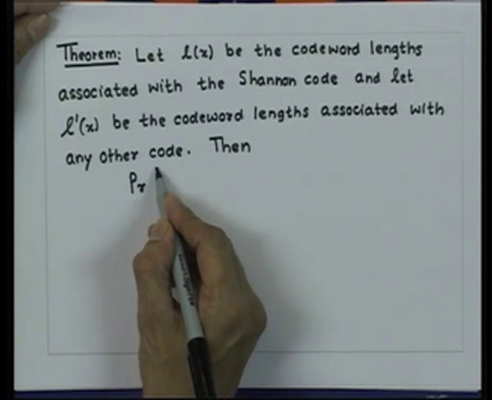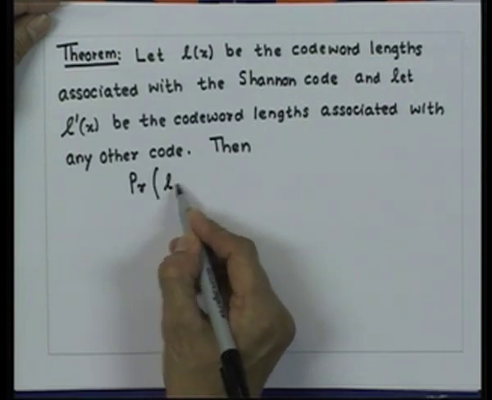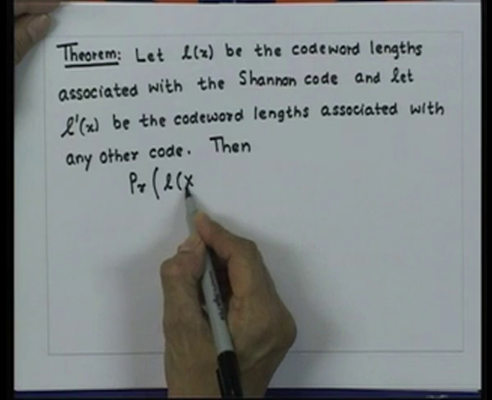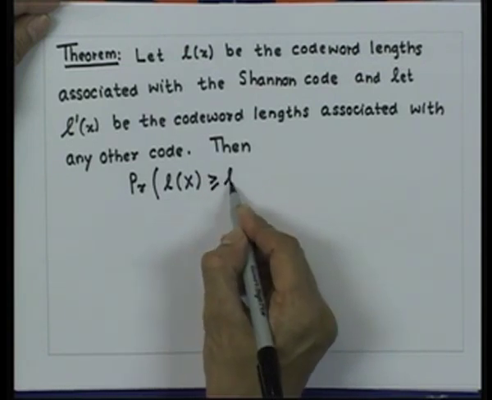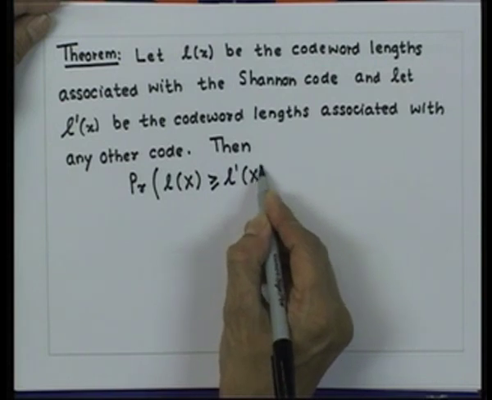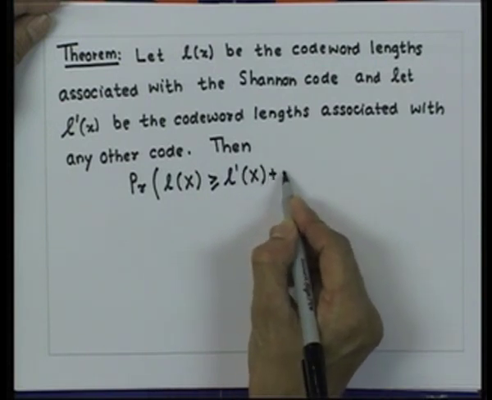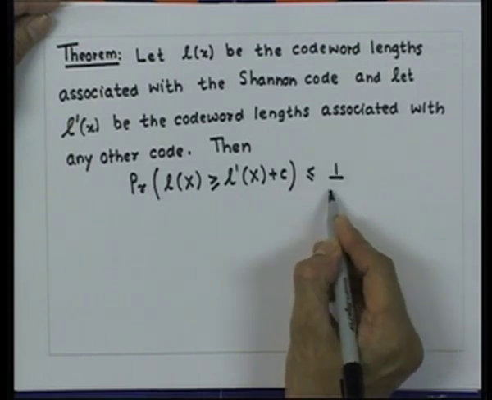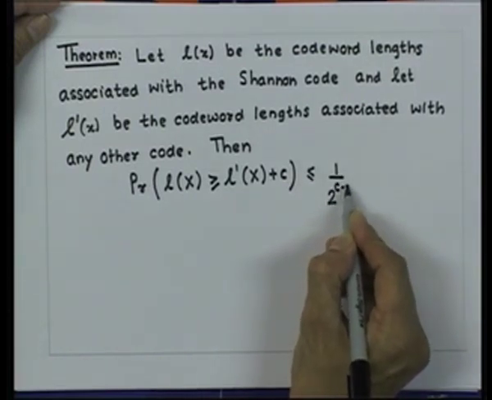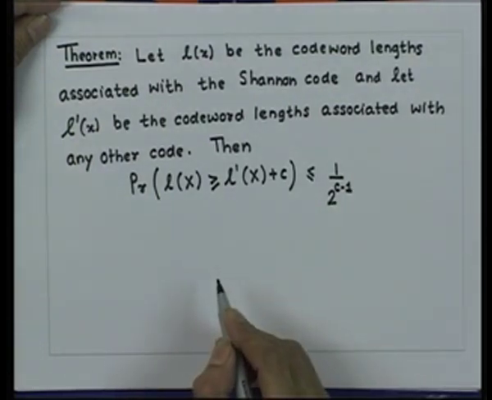probability of Lx is greater than or equal to L dash x plus a constant c is less than or equal to 1 by 2 to the power c minus 1.